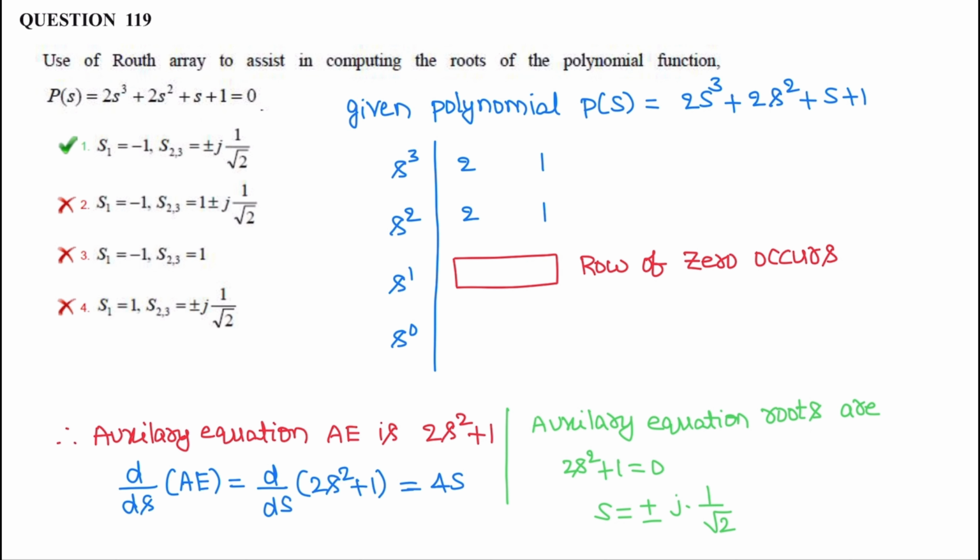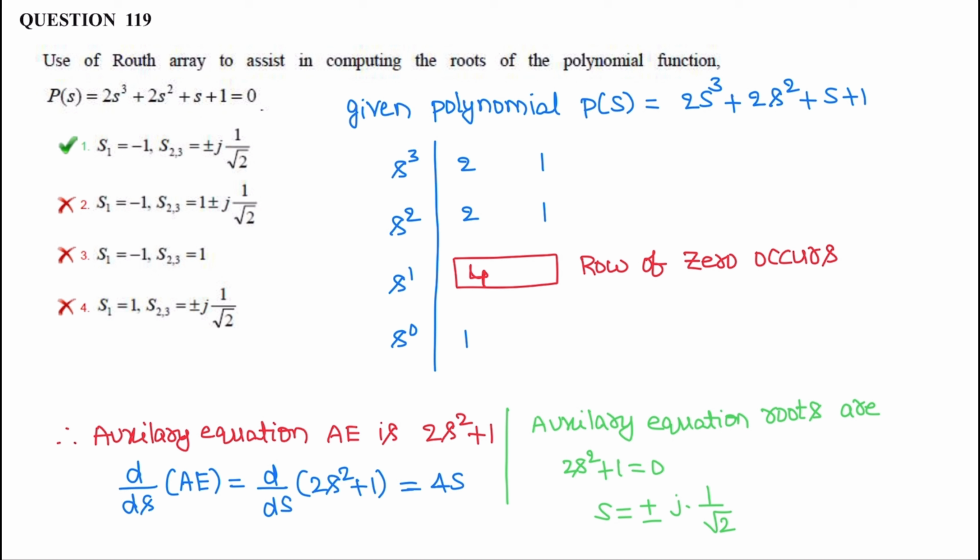Then we need to calculate the auxiliary equation. So from this auxiliary equation, the coefficient of s power 1 is 4, and the coefficient of s power 0 is 4 into 1 minus 2 into 0 by 4, its value is 1. The auxiliary equation roots are 2s square plus 1 is equal to 0. From this, s is equal to plus or minus j 1 by root 2.